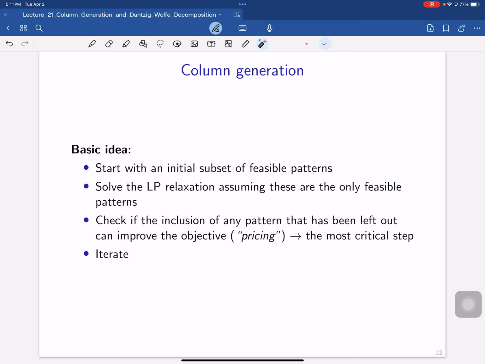We will talk about how the pricing problem works. That is the most critical step in a column generation method. The way to derive the pricing problem depends on the optimality condition of the linear programming problem. I will remind you what the optimality condition is later.